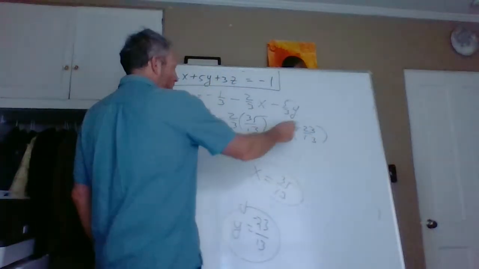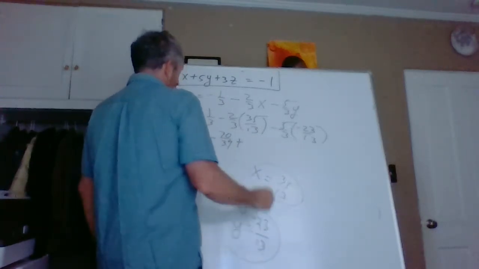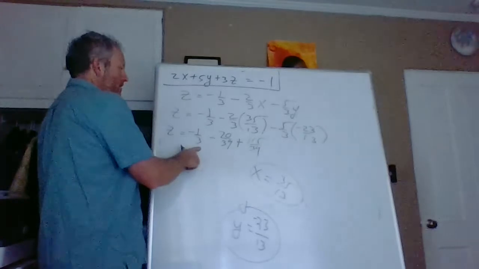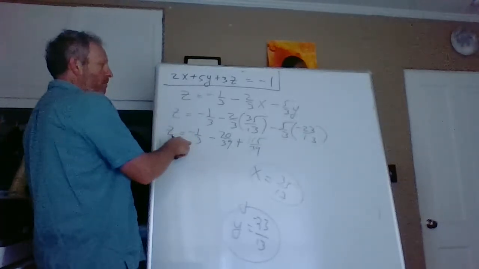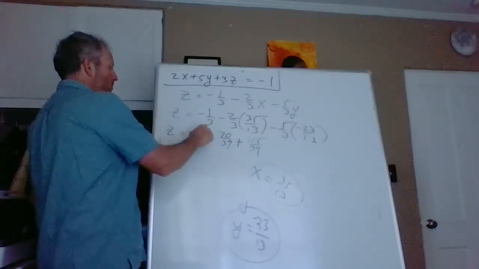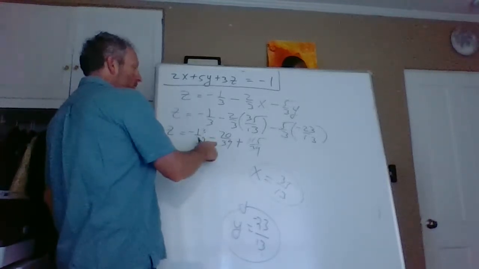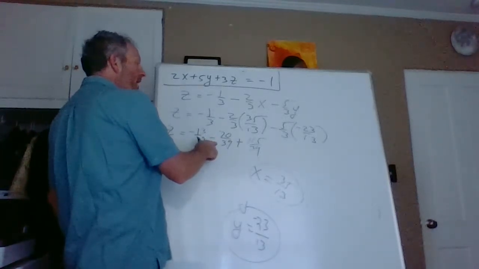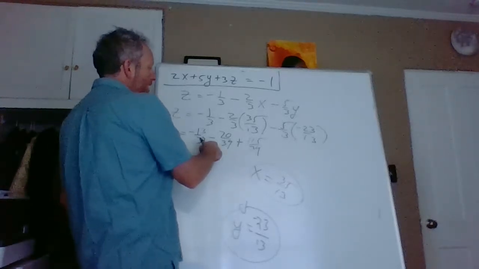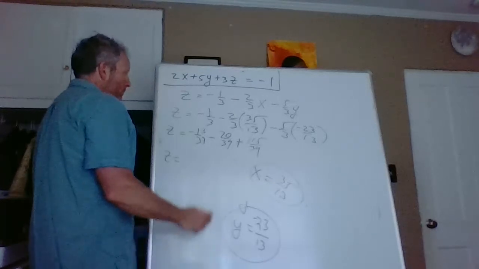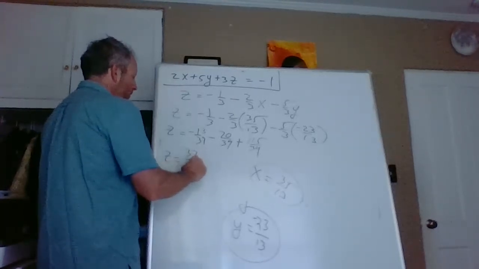So plus, what's 23 times 5? It's 115 over 39. Let's use 39 as a common denominator. I can multiply this top and bottom by 13. So 13 over 39. So negative 13 minus 70 is what? Negative 83. And negative 83 plus 115 is 32. So 32 over 39.